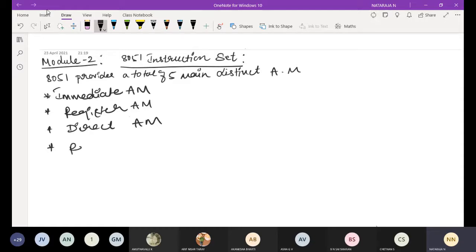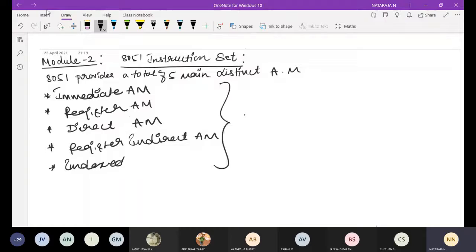Fourth one, register indirect addressing mode. And fifth one, indexed addressing mode. These are the five main addressing modes. Define addressing mode and explain different types of addressing mode.